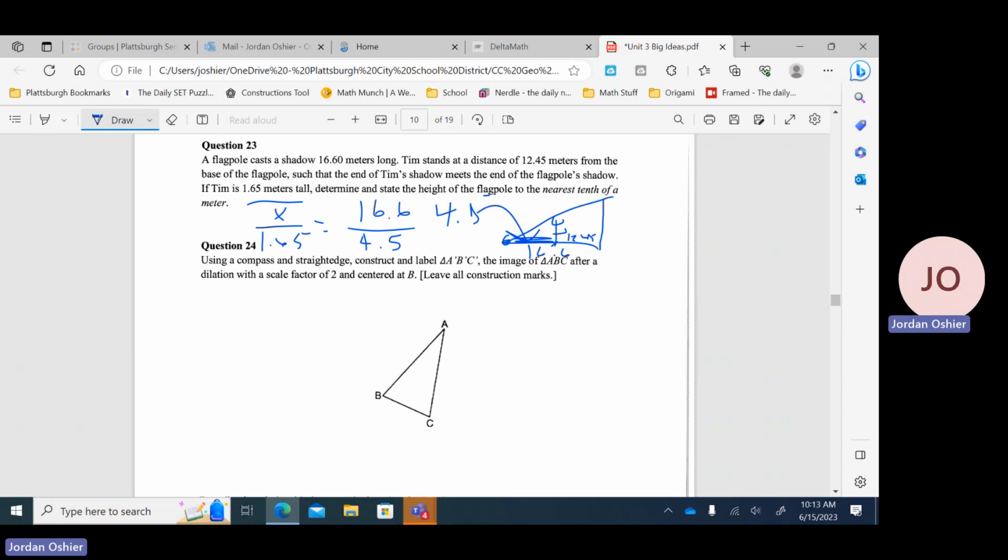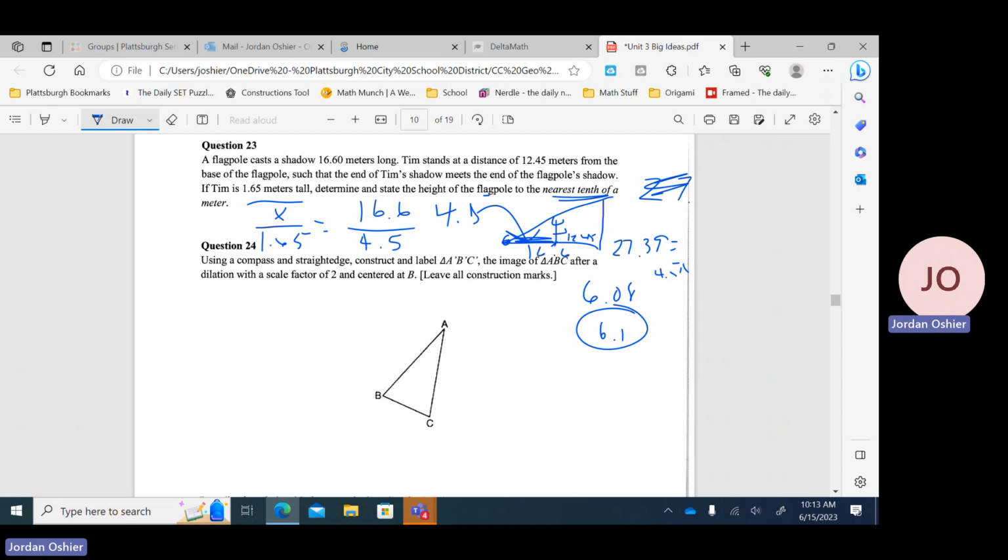So 16.6 times 1.65. I'm moving over here because I'm running out of space. Sorry. 27.39 equals 4.15x. Divide by 4.15 on both sides, and we end up with 6.08 and some stuff. Nearest tenth would be 6.1, which makes sense. It's good so far.